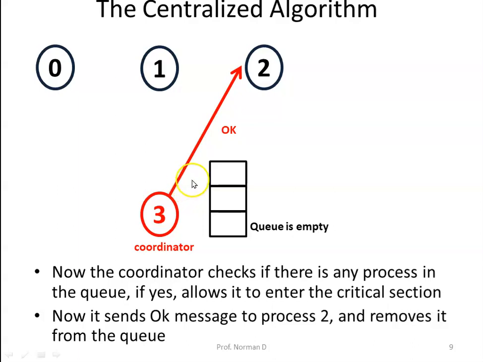We know that process 2 was requesting to enter the critical section when process 1 was in the critical section. Process 1 has already exited, and now the coordinator will pick up the process from the queue, that is process 2, and send an OK message to process 2. So now process 2 will be in the critical section.